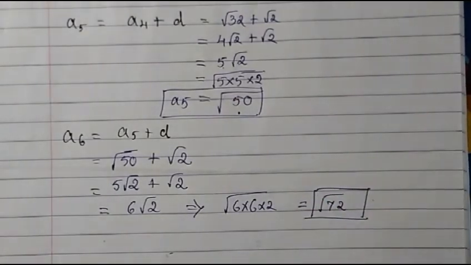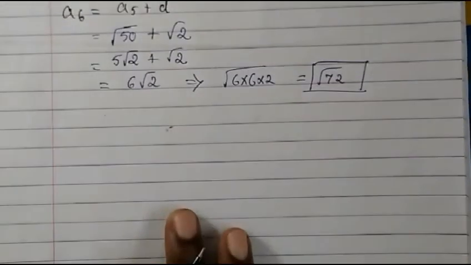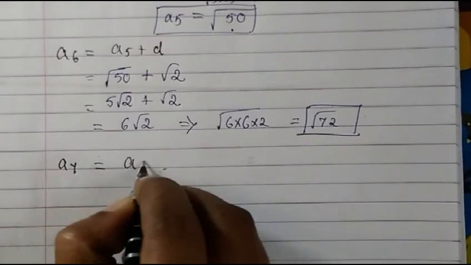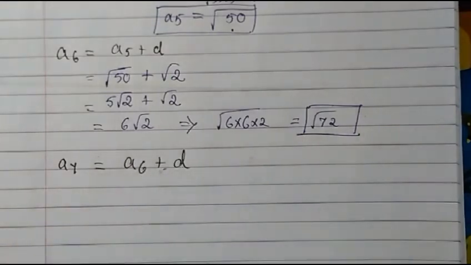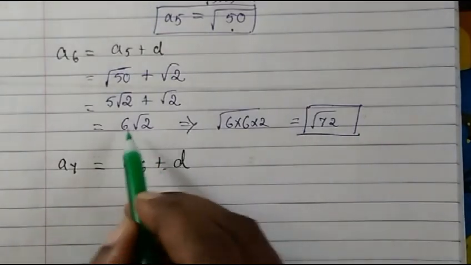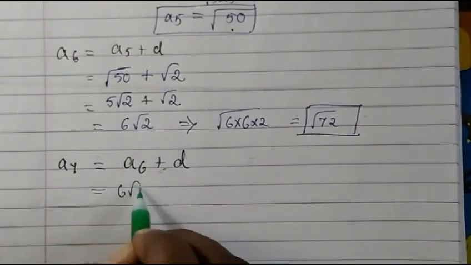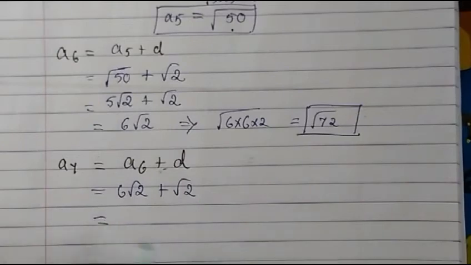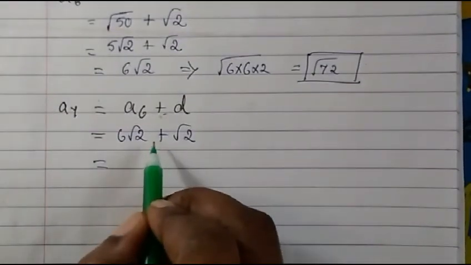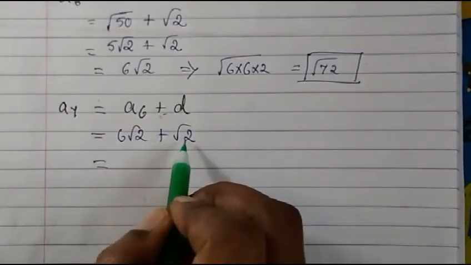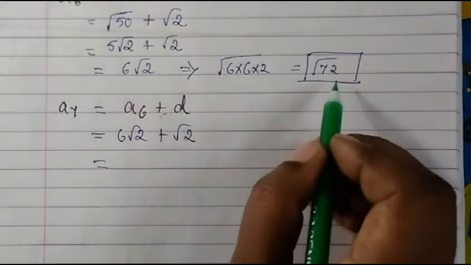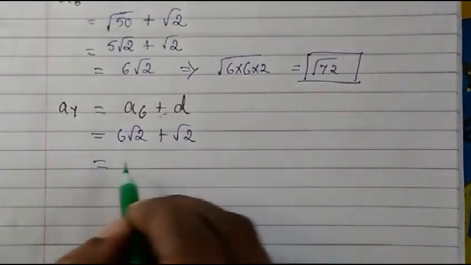So now let's find out another term, that is A7. A7 means A6 plus D. Now A6 we have written how? 6 times root 2 plus 1 time D, which is root 2. So 6 times root 2 means 72.